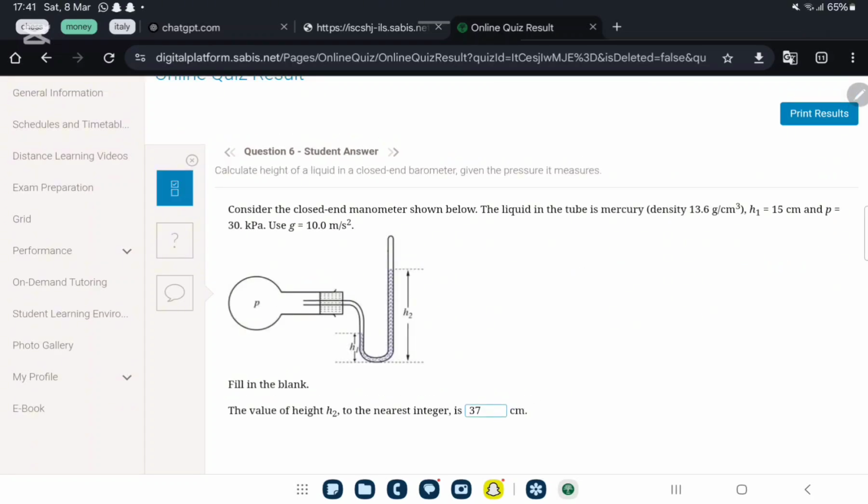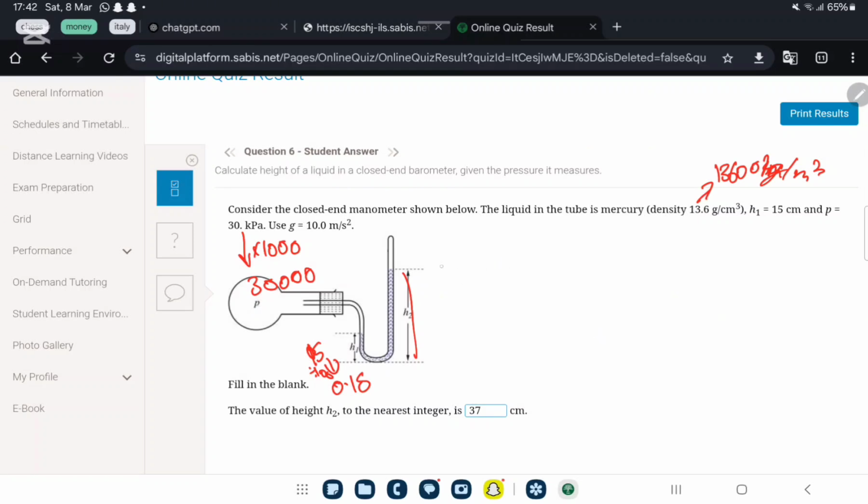So in this question they want the height 2. Height 1 is 15 centimeters, divide by 100 to get it in meters, 0.15. Pressure 30 kilopascals, times 1000 to get 30,000 pascals. And the density 13.6 grams per centimeter cubed. We want it in meters cubed, so 13,600 kilograms per meter cubed.